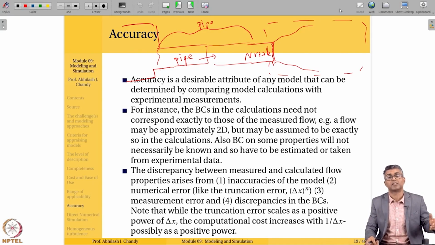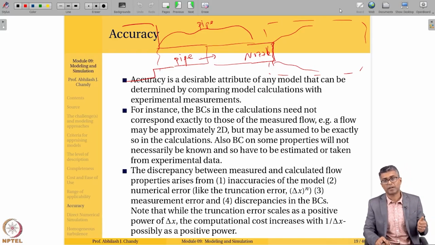And fourth is the discrepancies in the boundary conditions. So the nozzle exit velocity example that I gave earlier is one example of that, where you could have a discrepancy in the boundary condition itself that would lead to inaccuracies.